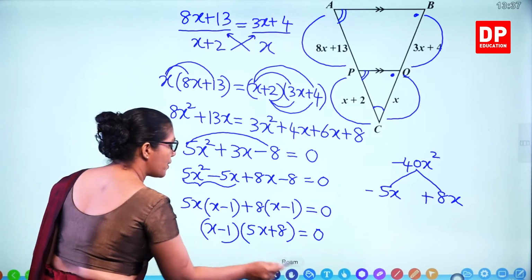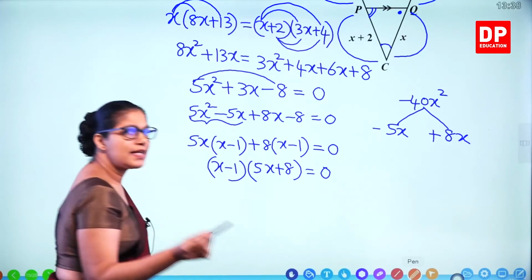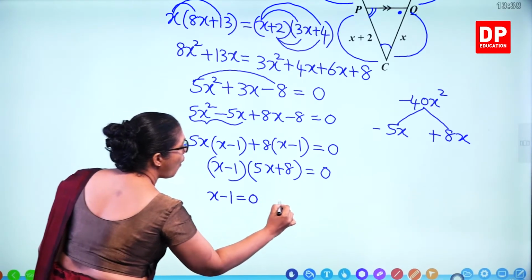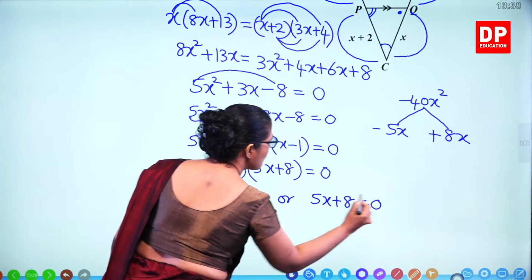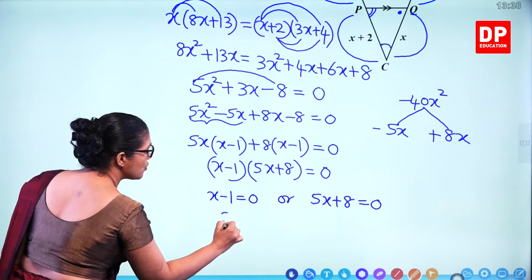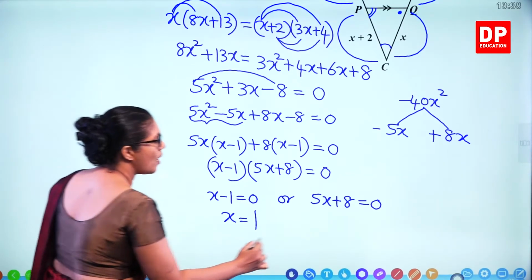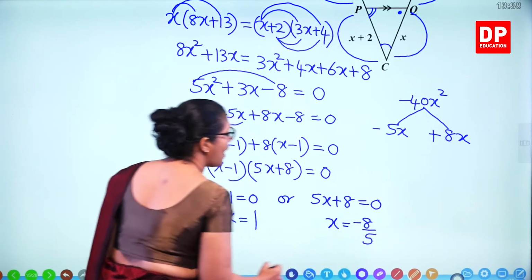Now the product is 0. Multiplication of the product is 0 means either x minus 1 is 0 or 5x plus 8 equals 0. So what are the solutions? When you take minus 1 to the other side, that becomes positive 1. X becomes here minus 8 over 5.